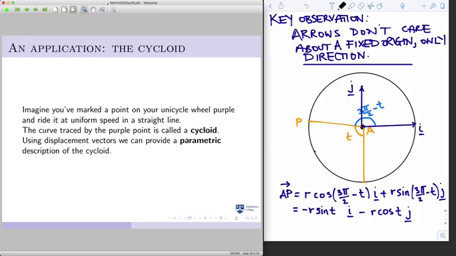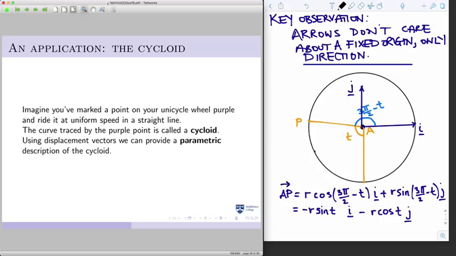They only care about direction. What I mean by this is that arrows can be moved around in the plane and they don't really care where their starting point is. Of course, if we want to add two arrows together, then we have to make sure they're starting at the same point. But I could move arrows around and they don't care about having a fixed origin.